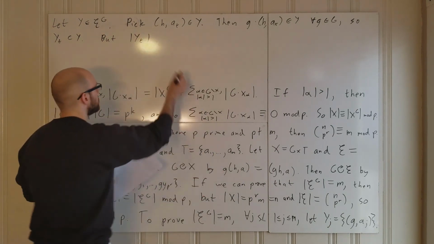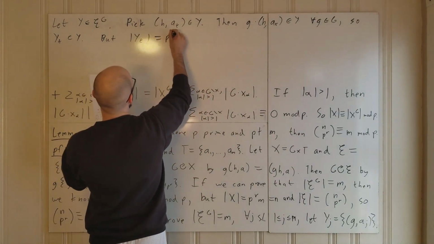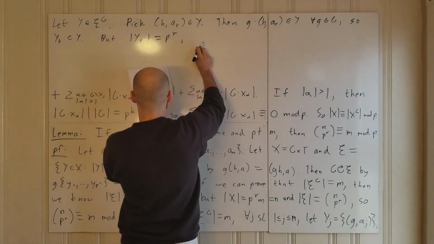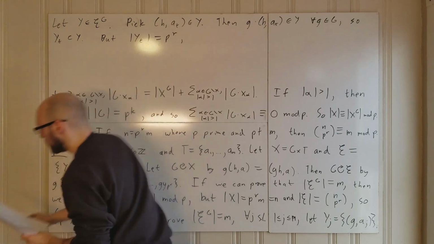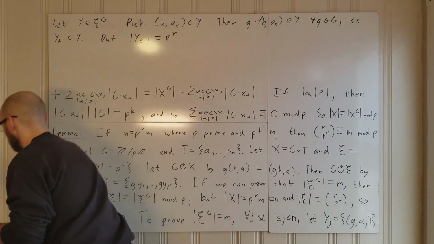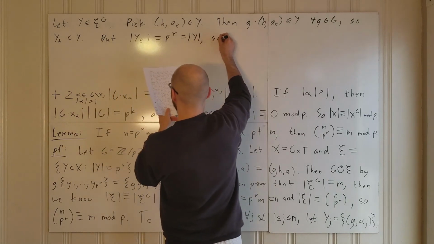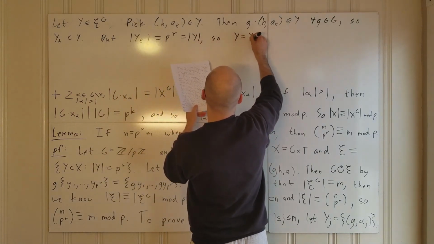Just by definition, the size of Y_t equals p to the r. And p to the r, of course, is equal to the size of Y. So Y equals Y_t.